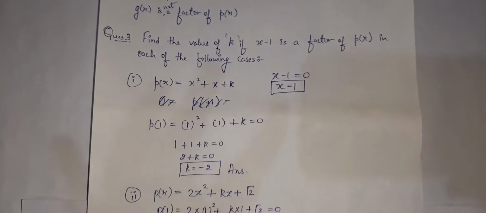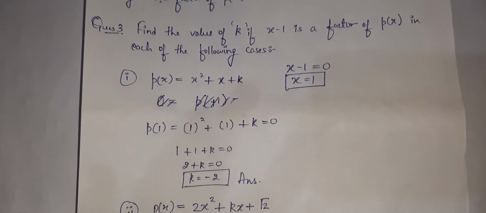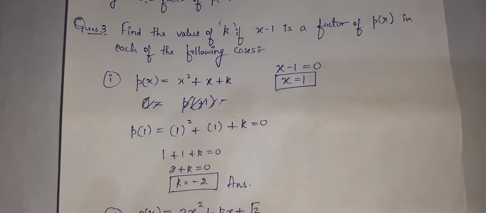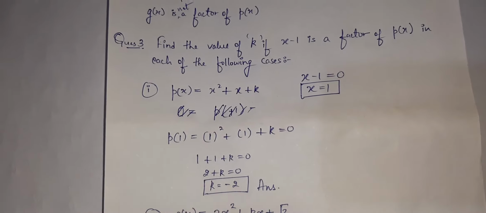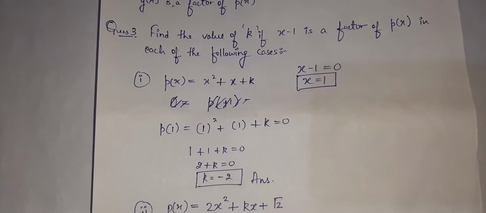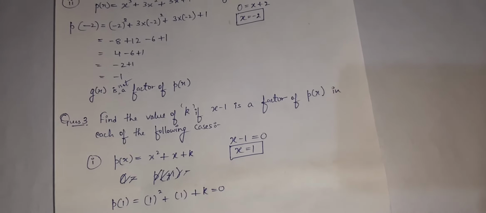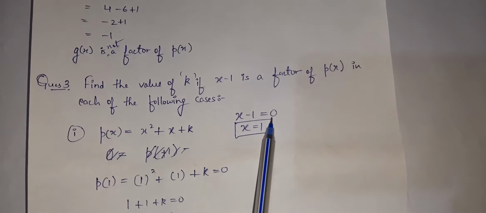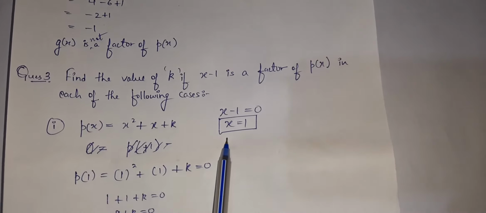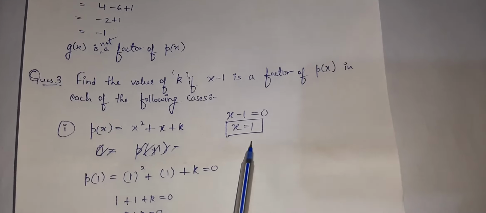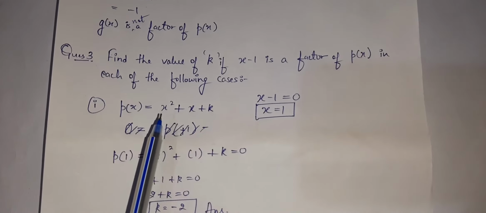See question 3 now. Again the same question. Find the value of k if x minus 1 is a factor of p(x) in each of the following cases. x minus 1 is given to us, equal to 0, we have put. We have taken out the value of x, that is 1. Now put this value 1 in x.